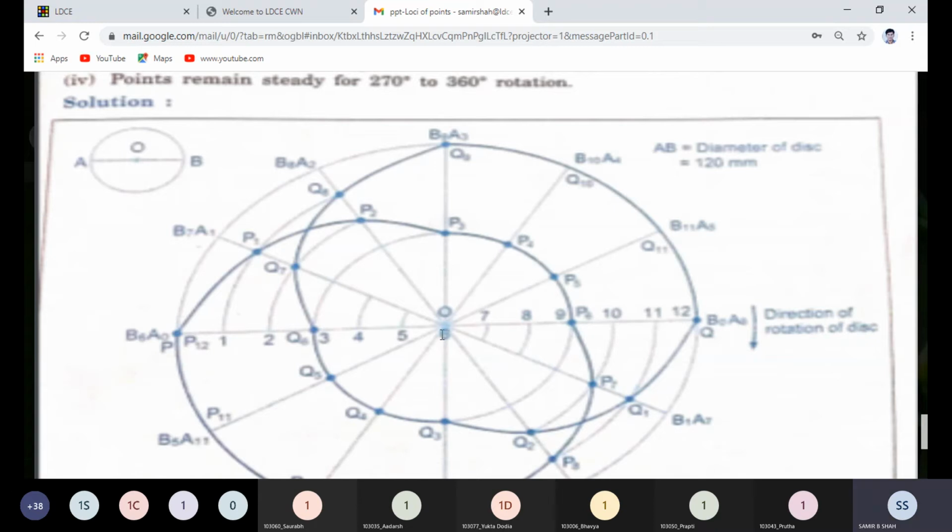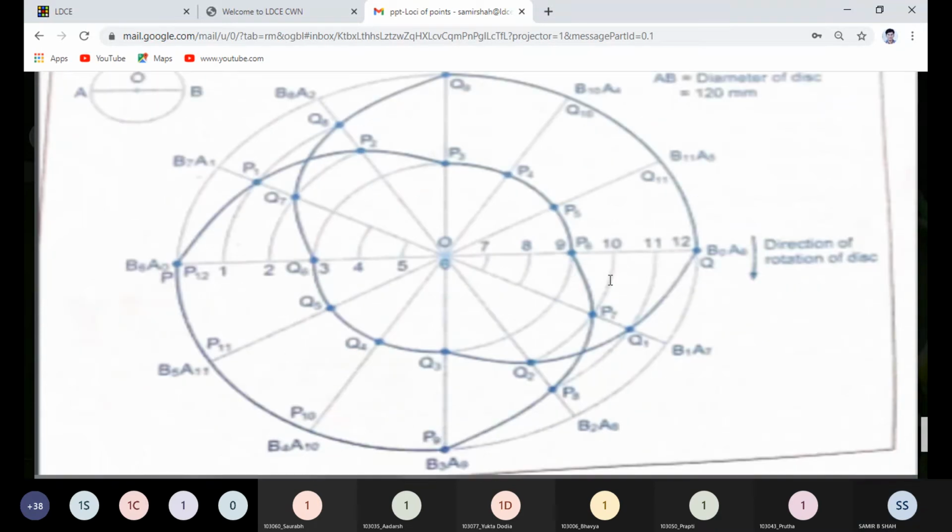Already 9 is finished, so take radius equal to O10 and draw an arc to get point P7 on B7.